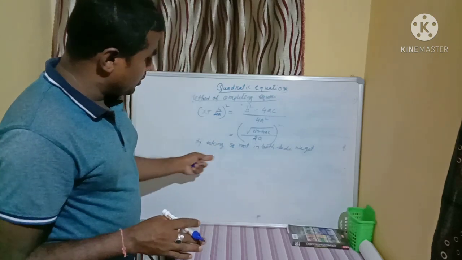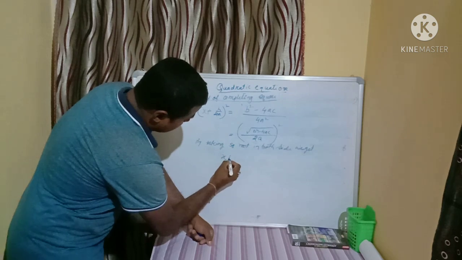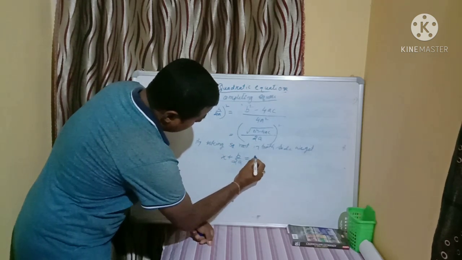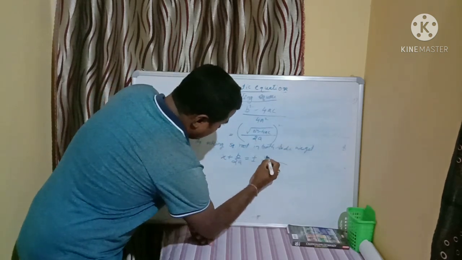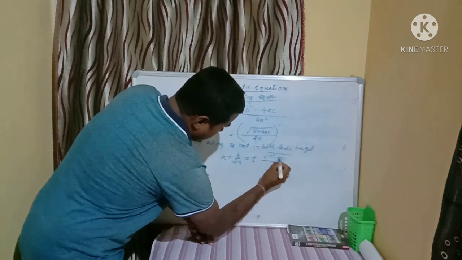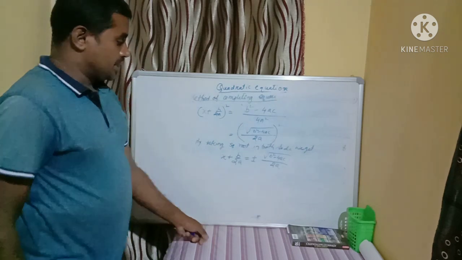So by taking square root on both sides, we get x plus b by twice a equal to plus minus square root of b square minus 4ac divided by twice a.